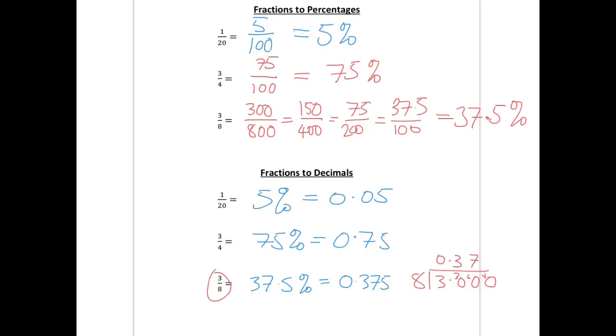And 8 goes into 40 5 times. No remainder, so we've finished. And so we still get an answer of 0.375. Either way is good, but if you're confident finding percentages, then it's much easier to get the percentage and then the decimal.